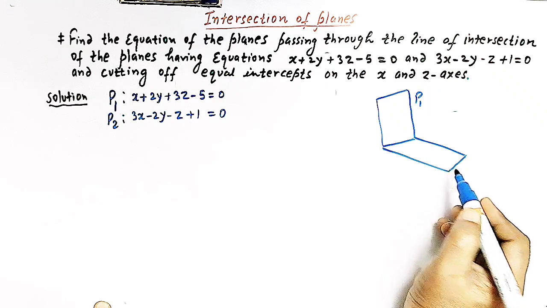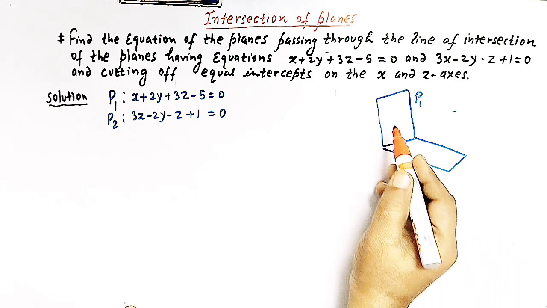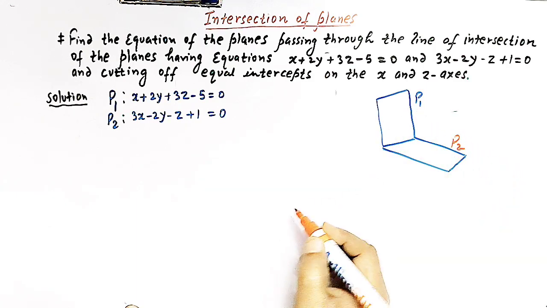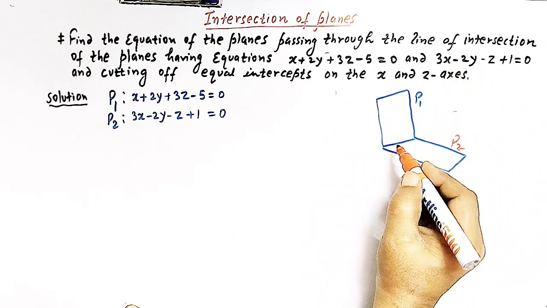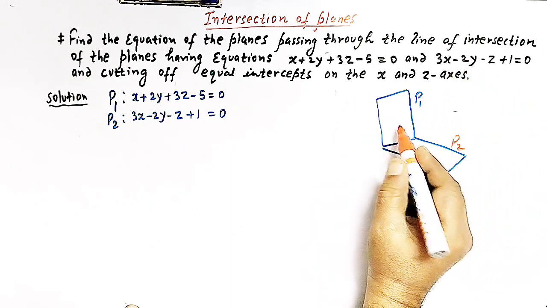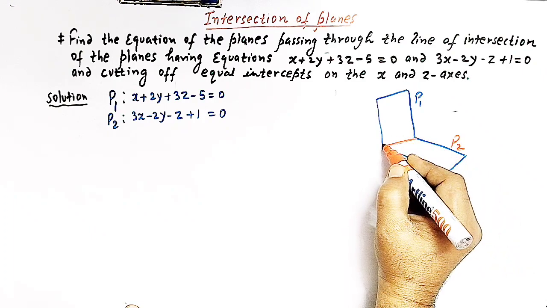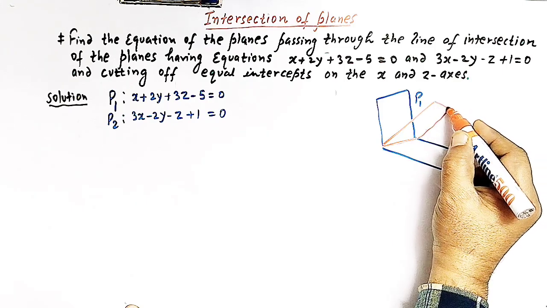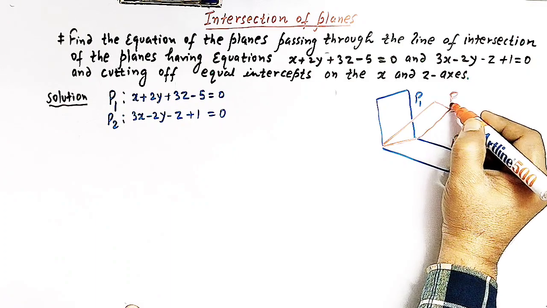And we have to find out the equation of the plane which passes through the line of intersection of these two planes P1 and P2, right? So here the plane which passes through the line of intersection of these two planes is this line, and here we have the plane, the required plane, and let us call this plane as P, right?